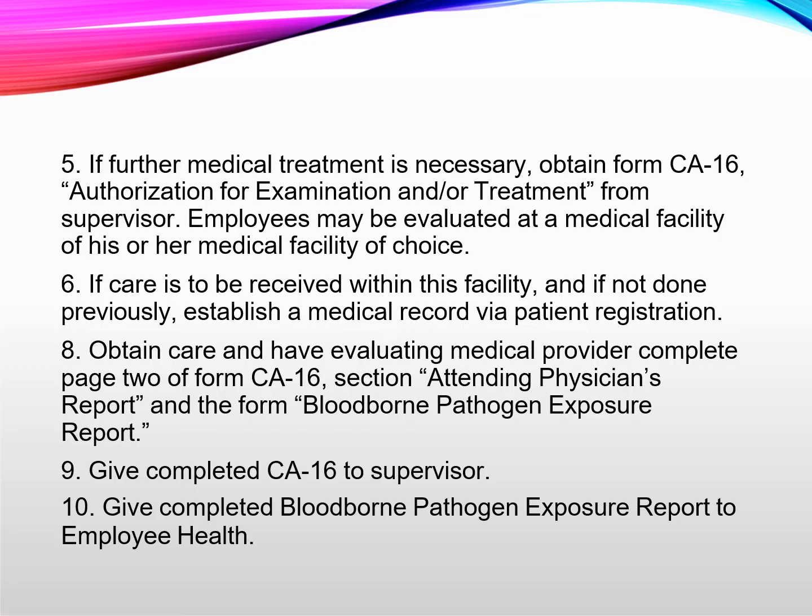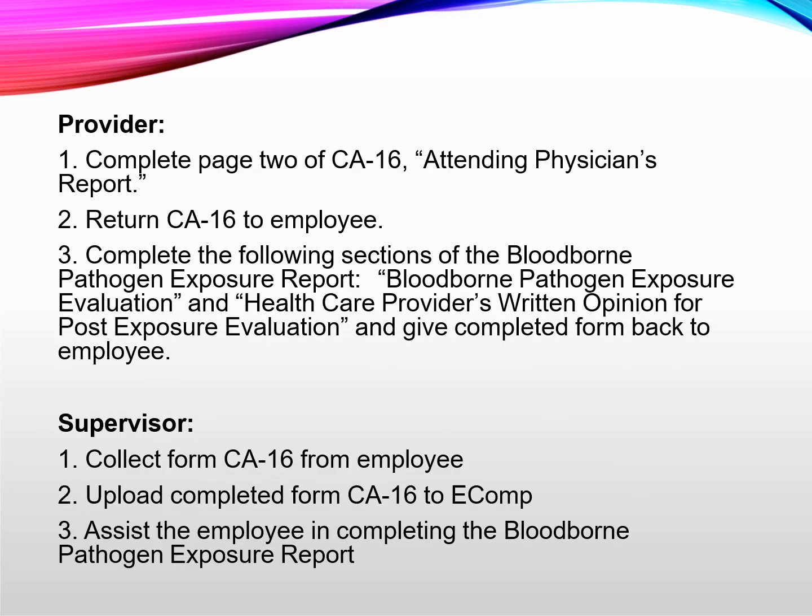Give any completed report to Employee Health to go into your Employee Health record. Your record is confidential, by the way. It's a hard copy blue folder, and that information is not released to anyone else. The provider completes the paperwork and returns it to the employee. The supervisor collects it, uploads to eComp, and assists the employee.